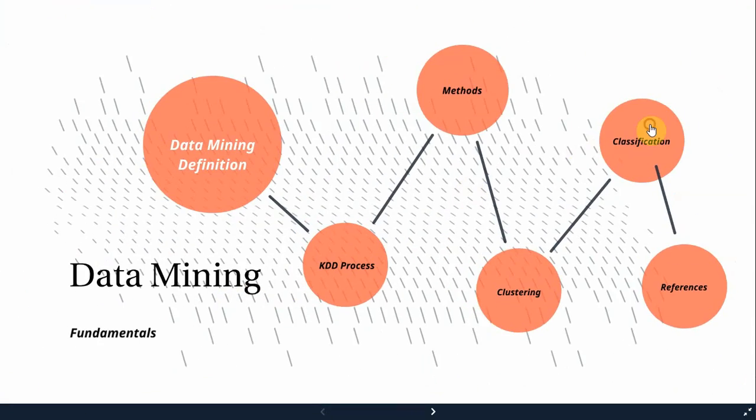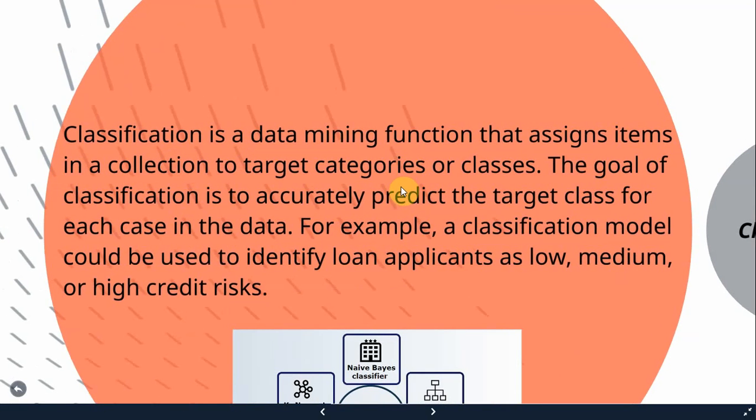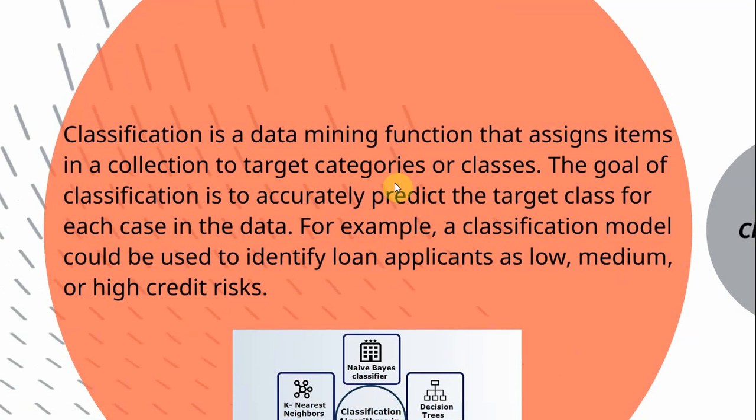Now moving on to classification. Classification is a data mining function that assigns items to a target category or classes. The goal of classification is to accurately predict the target class for each case in the data. Basically classification is a process where we assign labels to various instances of the data.